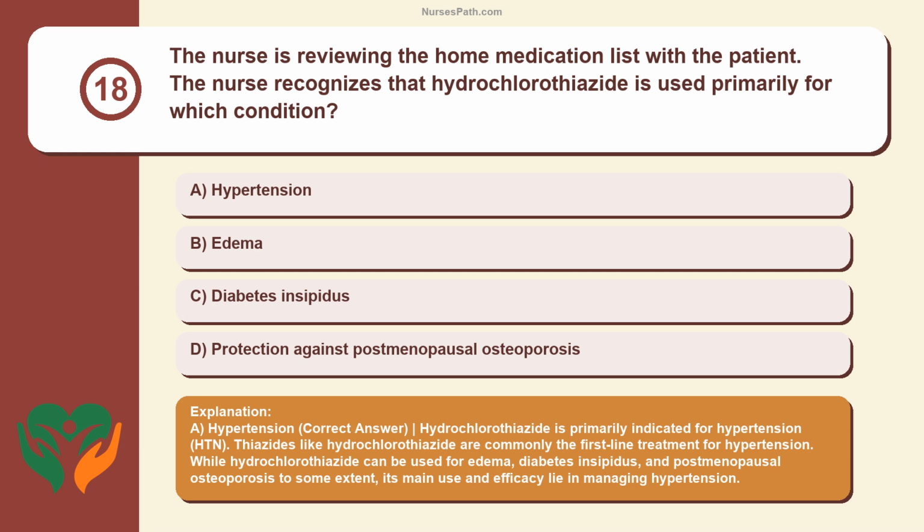Correct answer. Hydrochlorothiazide is primarily indicated for hypertension, HTN. Thiazides like hydrochlorothiazide are commonly the first-line treatment for hypertension. While hydrochlorothiazide can be used for edema, diabetes insipidus, and postmenopausal osteoporosis to some extent, its main use and efficacy lie in managing hypertension.